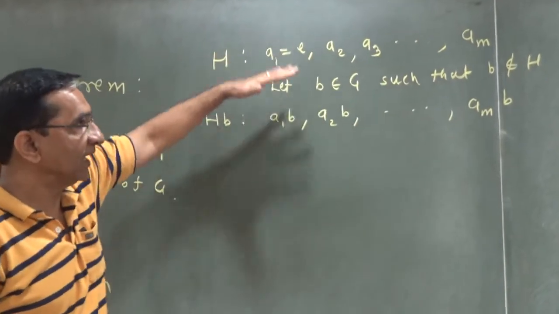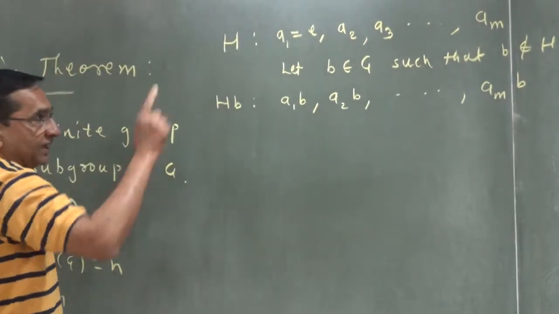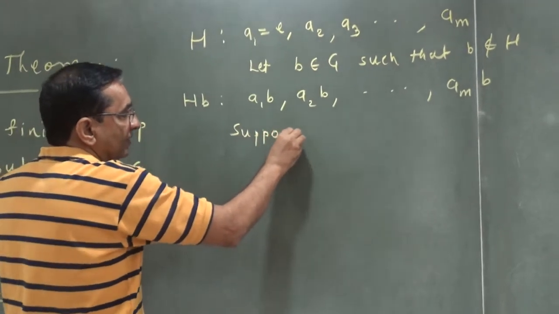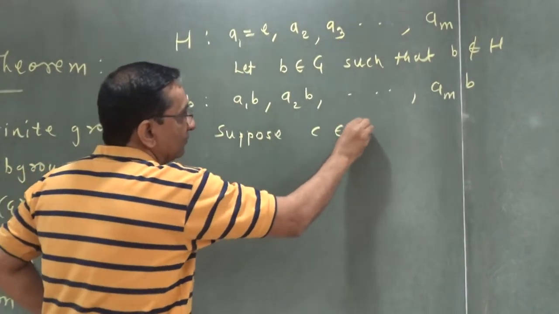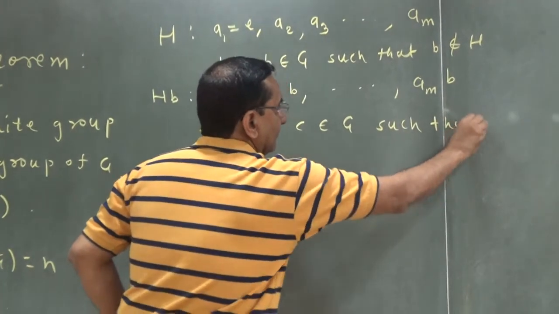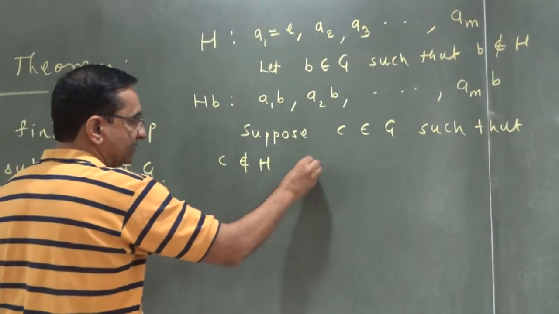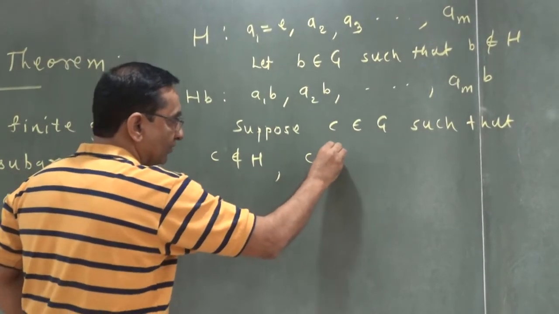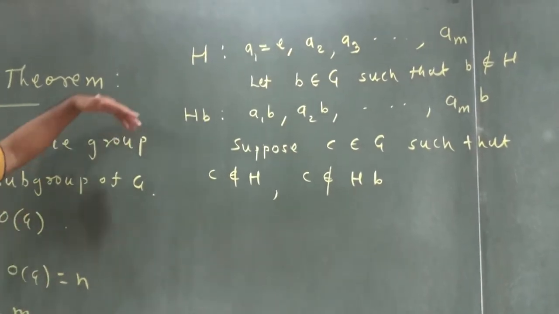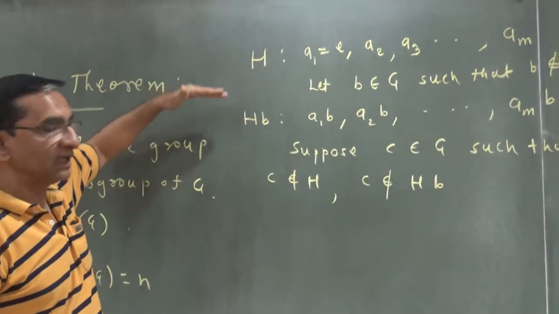So I am forming an array consisting of elements of G by using elements of H. So suppose C is an element of G such that C is not in H and C is also not in H times B. So some element of G is not appearing in H as well as HB.